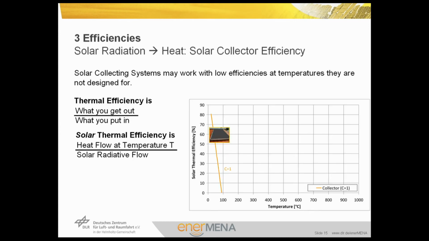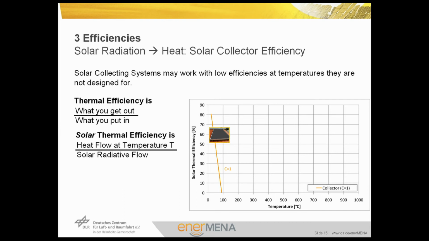So imagine you have got a flat black plate on the sun and you can reach temperatures only below 100 degrees C with a quite poor efficiency if you want to get out the heat of this plate. If you want to get out heat at lower temperatures like 30 degrees, we may get out the heat with a higher solar thermal efficiency. This type of collector has no concentration, so the collector concentration is 1.